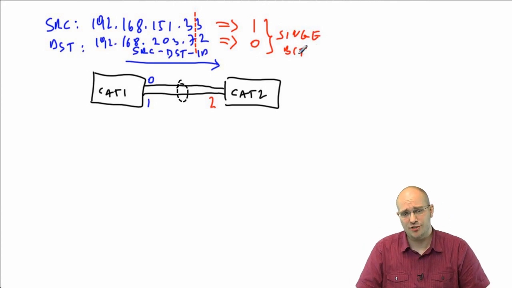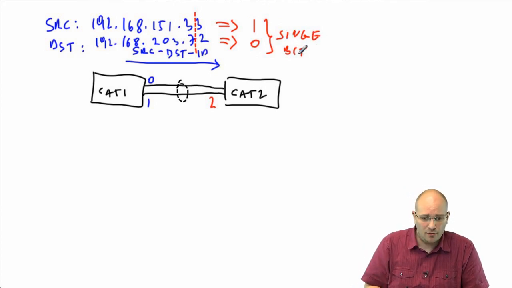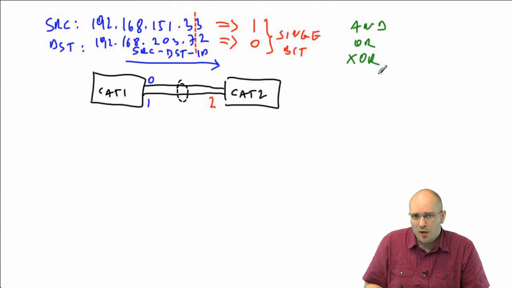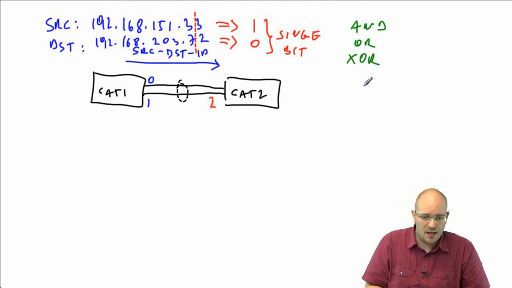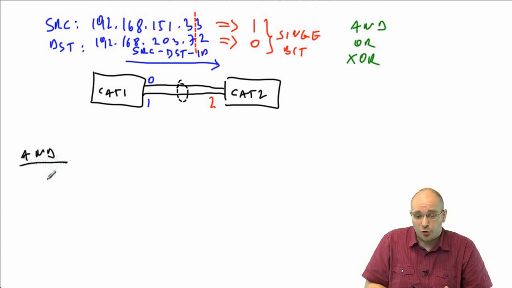Well, as it turns out, I can use bitwise logical operations, like, for example, AND, OR, or exclusive OR. So which one is the best to use in this case? Well, let's take a look at all 3 of them and make a determination for ourselves. So let's first look at AND as the logical operator. For 2 bits, I have 4 possible combinations.